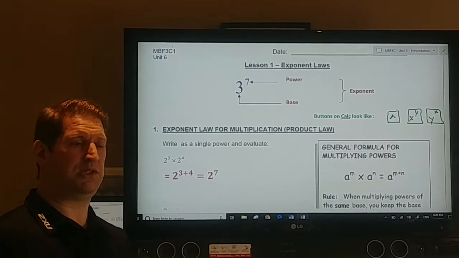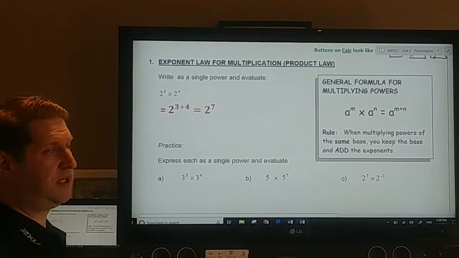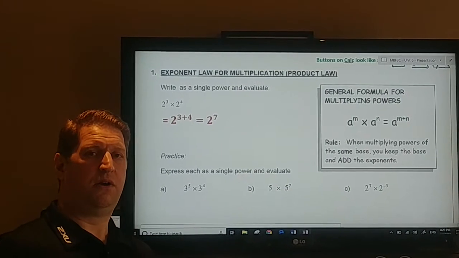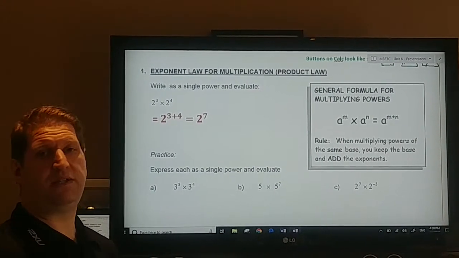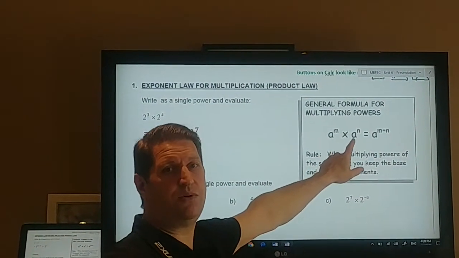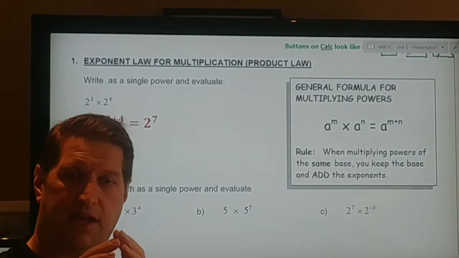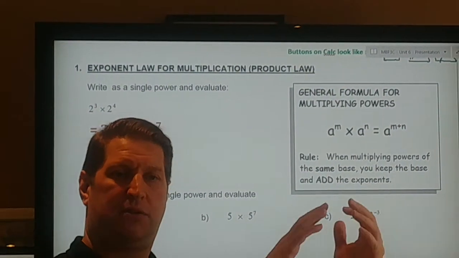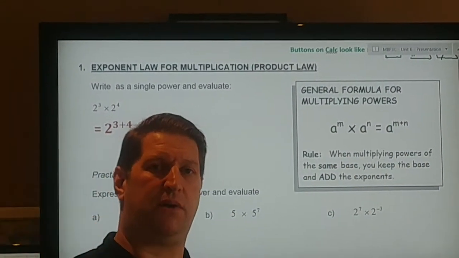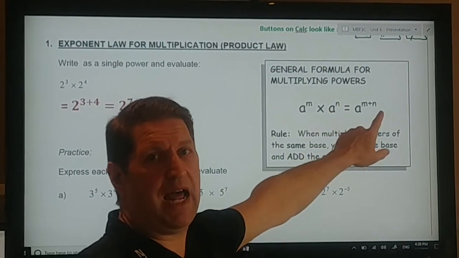Again, much of this is a review of what you've already seen. The first rule is called the product law. And for exponents, it basically works with the following parameter. Whenever you are multiplying two exponents, but they have the same base, then rather than taking the first exponent, expanding it, expanding the second one, and getting an even bigger number, it's much easier to simply look at the powers themselves and add them.